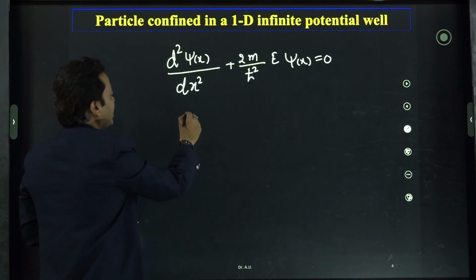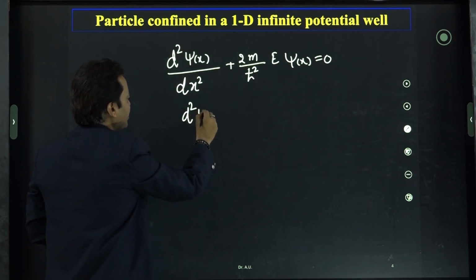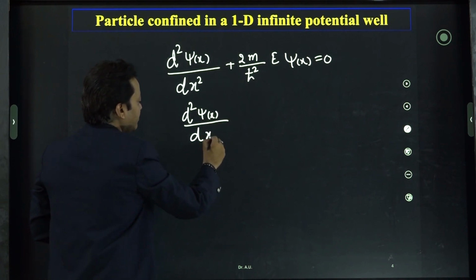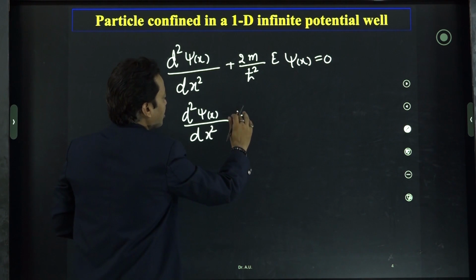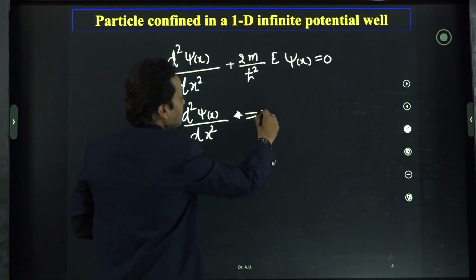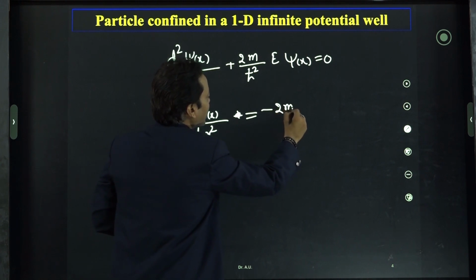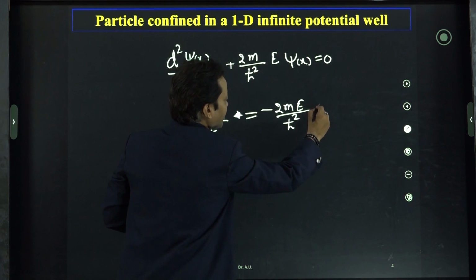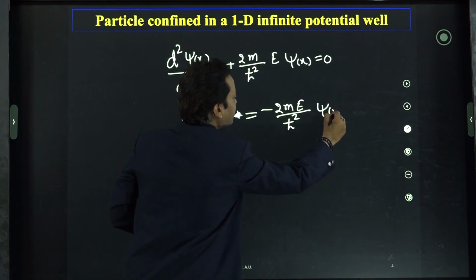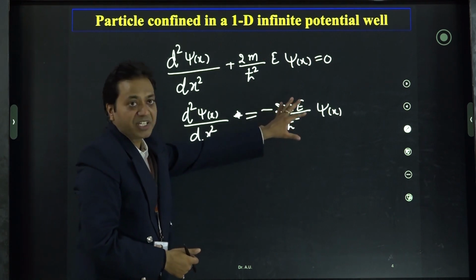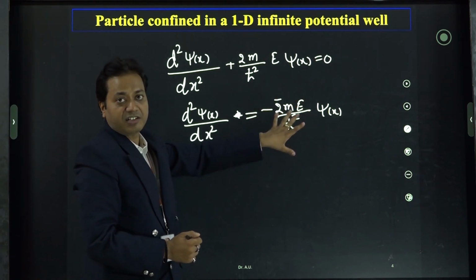This again we can rewrite as d2 psi over dx square is equal to minus 2m E over h cross square psi of x. If we see this equation, we can assume this as a new constant.